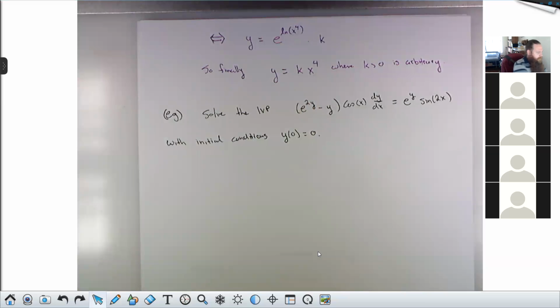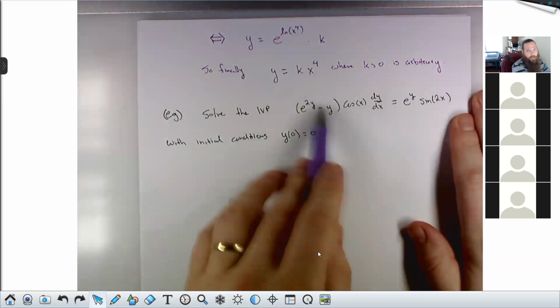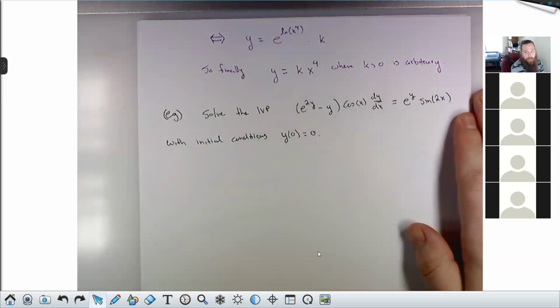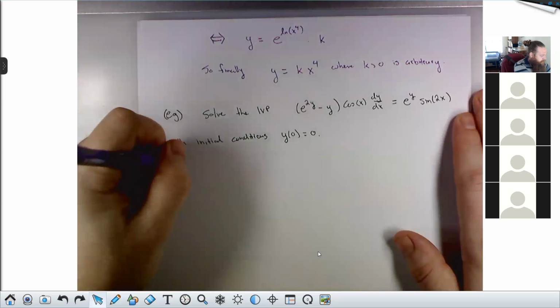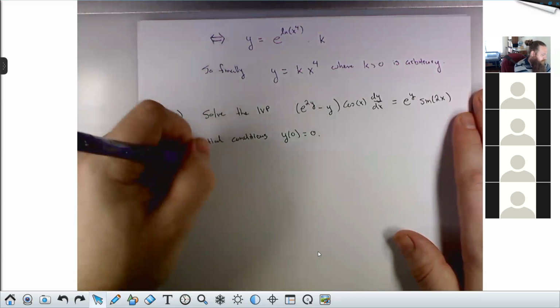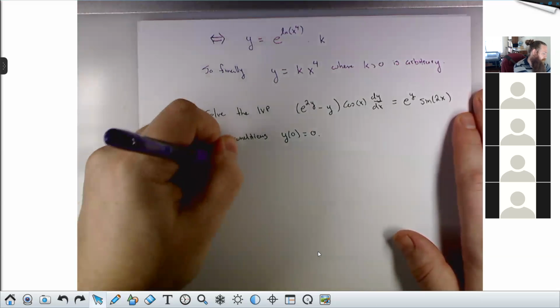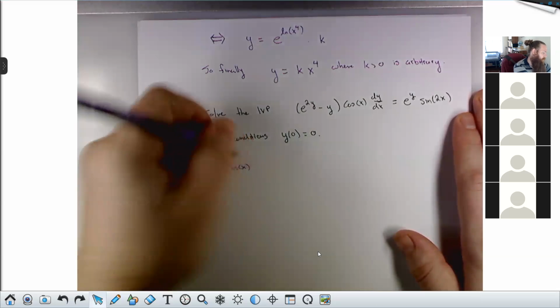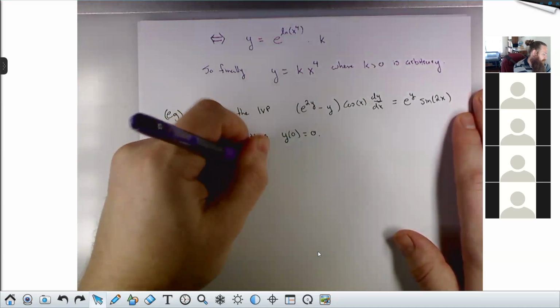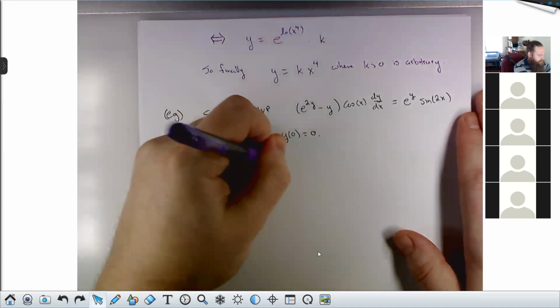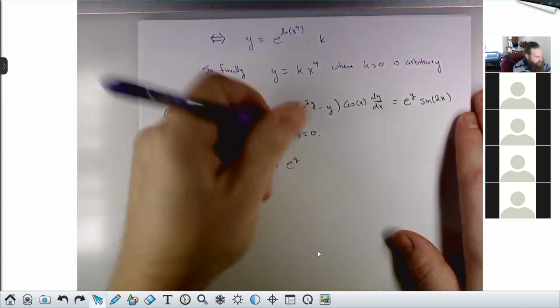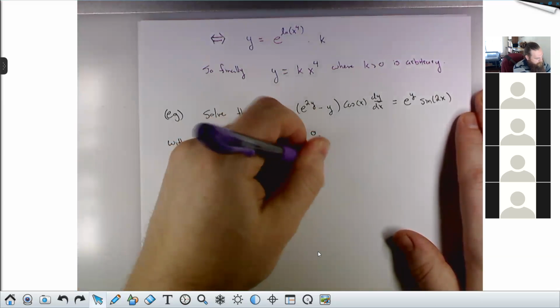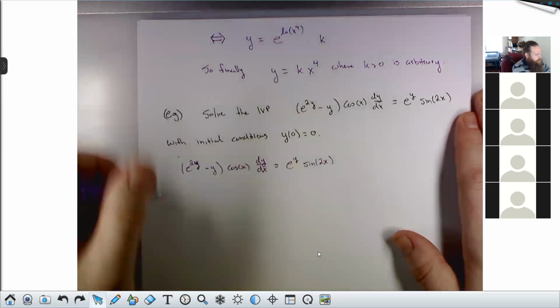So if I take my ODE, which is looking a little bit complicated, a little bit intimidating, and I divide both sides by the cosine of x, I'll write out every step here. e to the 2y minus y times cos x dy dx equals e to the y times the sine of 2x.